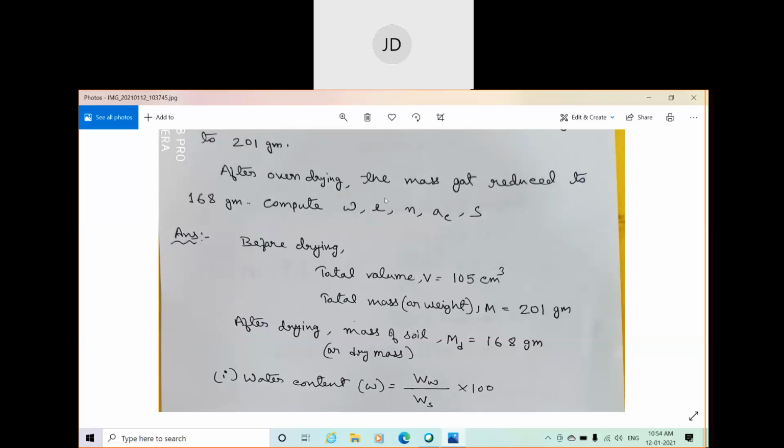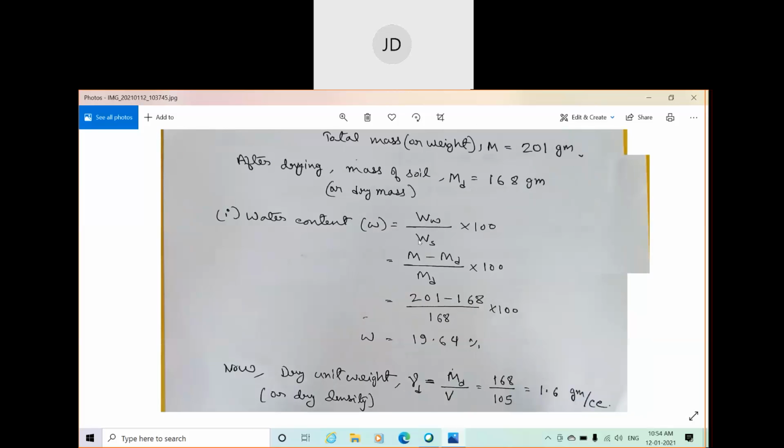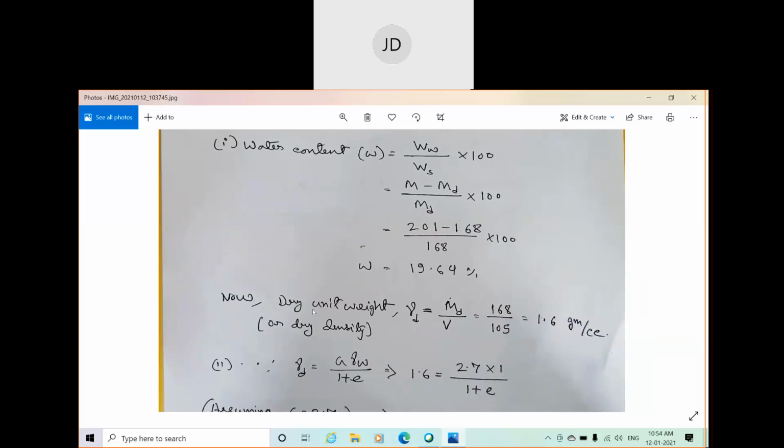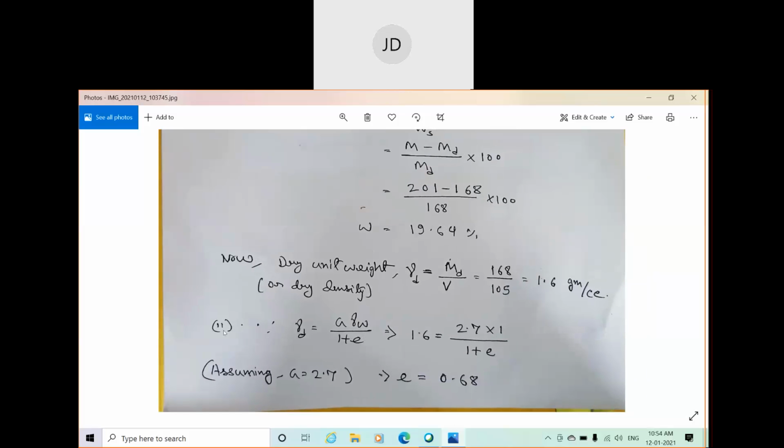After that we need to find out the void ratio, that is e. Before that, let's find out the dry unit weight of soil. Why do we need the dry unit weight? With the known values we have, we need to find out the next parameter, the void ratio.